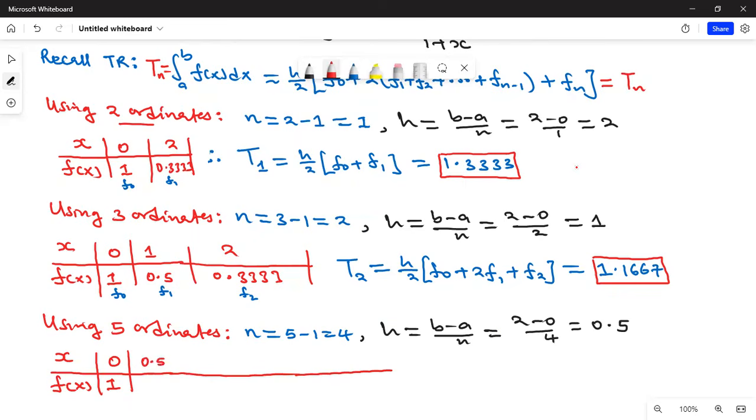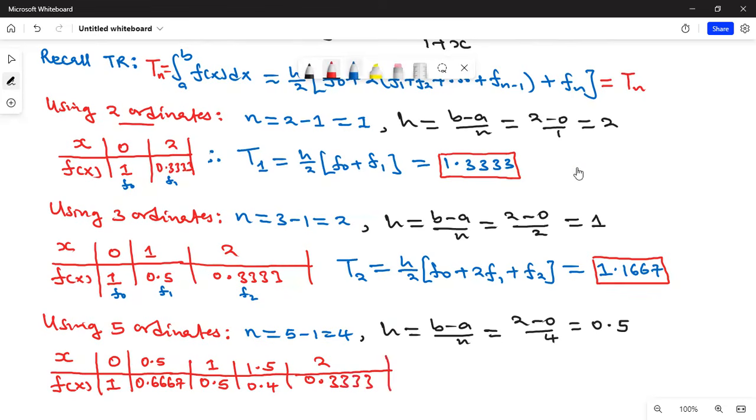F of 0.5 is 0.6667. Add 0.5, you go to 1. When it is 1, you get 0.5. Continue adding, you go to 1.5. And so the value there is 0.4. Continue adding, you go to 2. This will give us 0.3333.